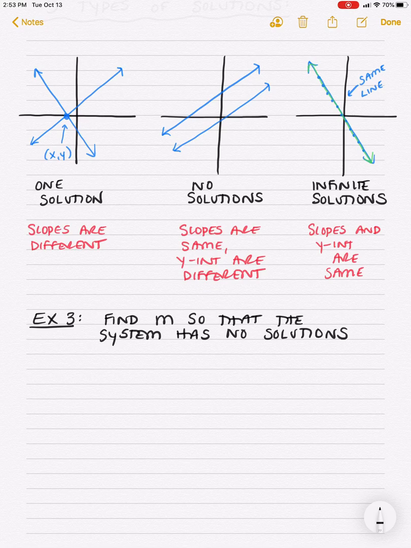And here's what we're going to be given. 4x plus 5y is equal to 5. And this is going to be the equation y equals mx minus 2/3.